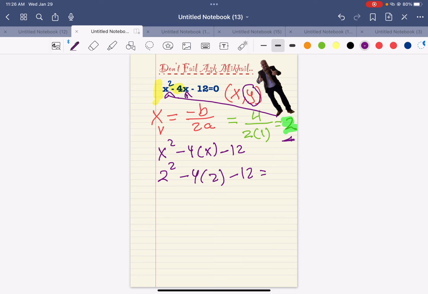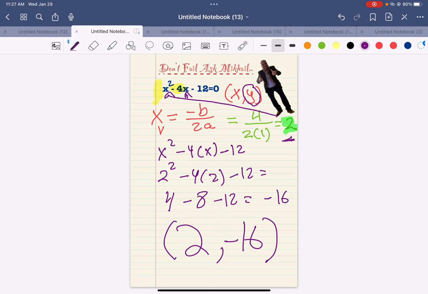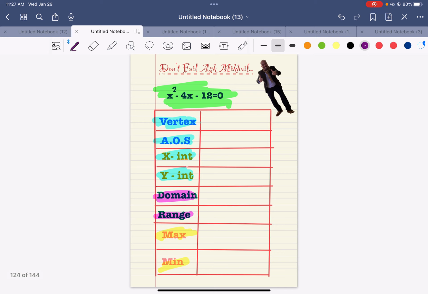That's going to give me what? 2 squared is 4, minus 8, minus 12. If you do the math, that's negative 20 plus 4, which is negative 16. So the vertex has x equals 2 and y equals negative 16. That is the first thing I need to find, the vertex: 2, negative 16.